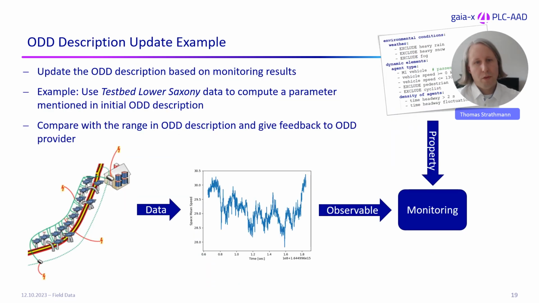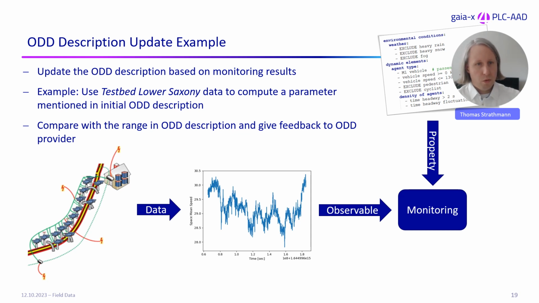Thus far, we have implemented the first part of the cycle using data from testbed Lower Saxony and constraints on the traffic flow from the initial ODD description. On the top right-hand side of the slide, you see an excerpt mentioning different parameters related to traffic flow.